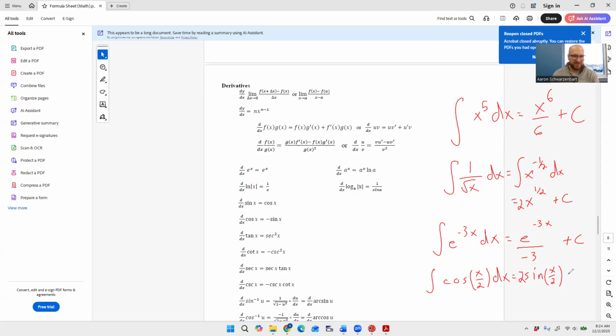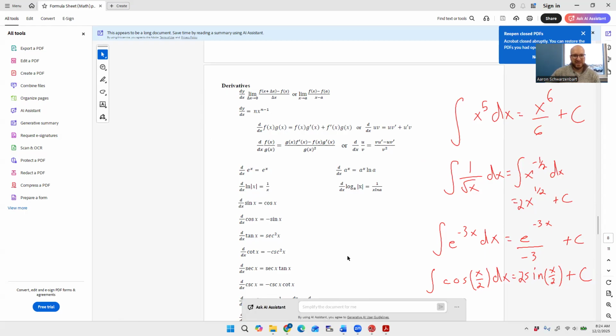So I'm dividing by half or multiplying by 2, and I have my plus c. Okay? I'm going to clear this. Does that kind of make sense?